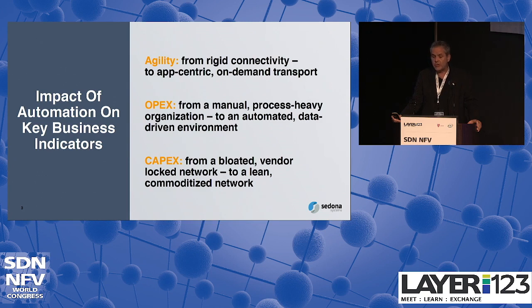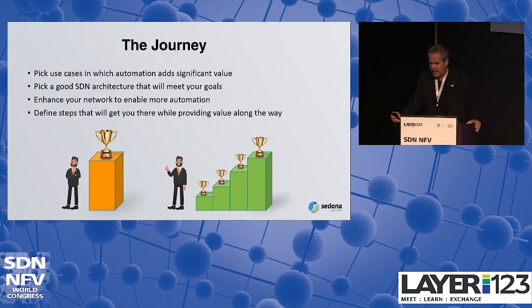And there's also an opportunity to commoditize the network, move away from expensive hardware that dominates some of these networks to hardware that's a lot cheaper without bearing some of the consequences in terms of the cost of such transitions. So this is why automation is valuable in service provider networks.